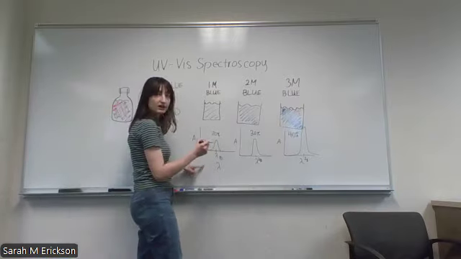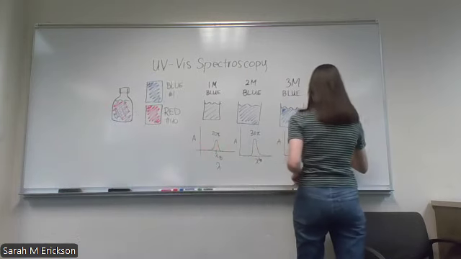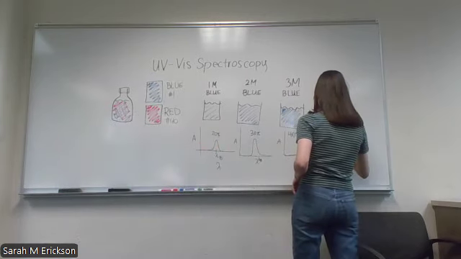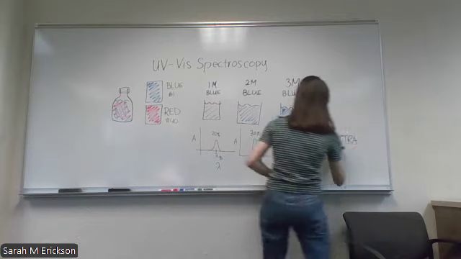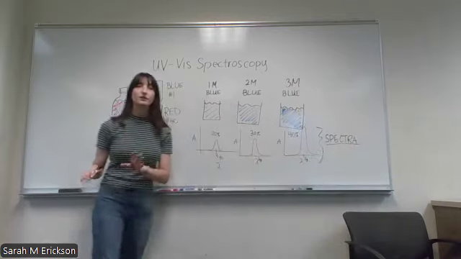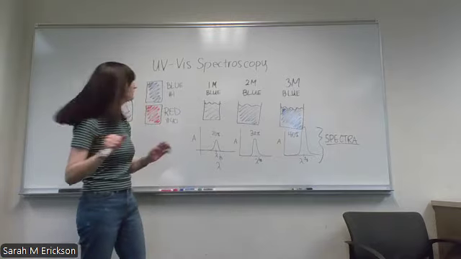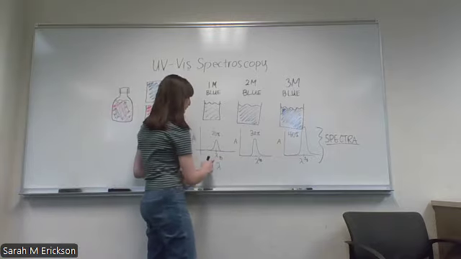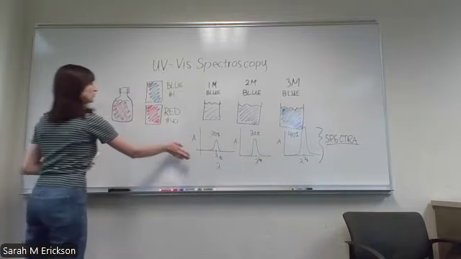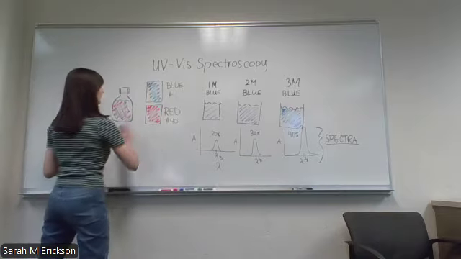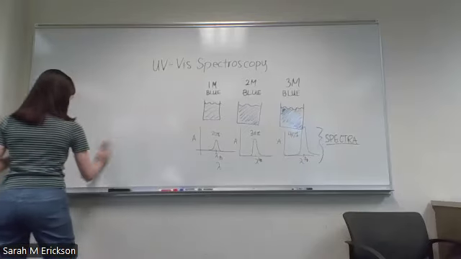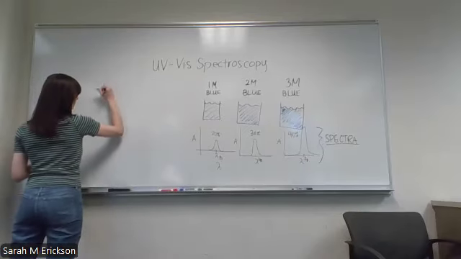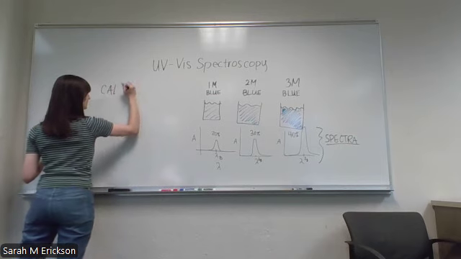So what these are here, these guys are spectra. When you have a spectrum, a singular spectrum, plural is spectra, you're going to have this graph of wavelength versus absorbance. We're going to take that and make a calibration curve. So I'm going to write cal curve.